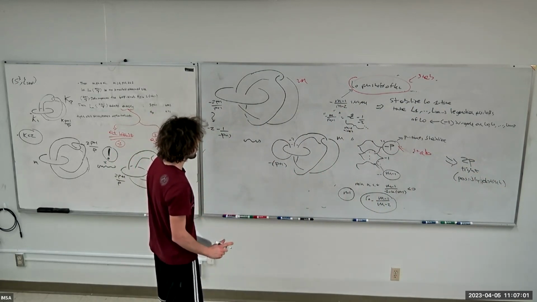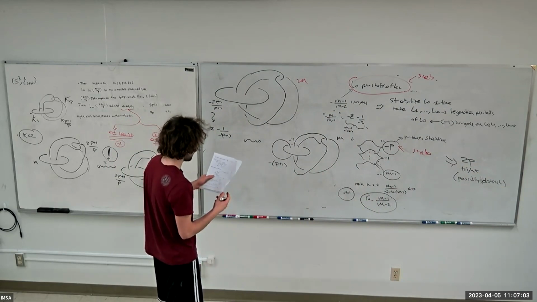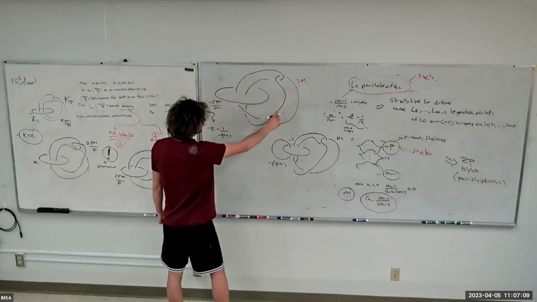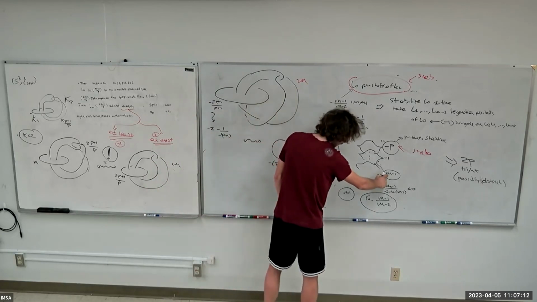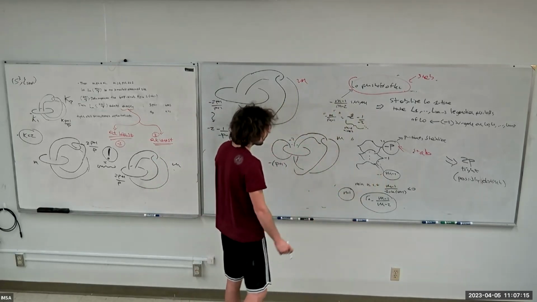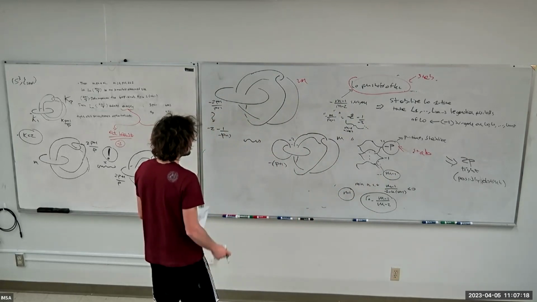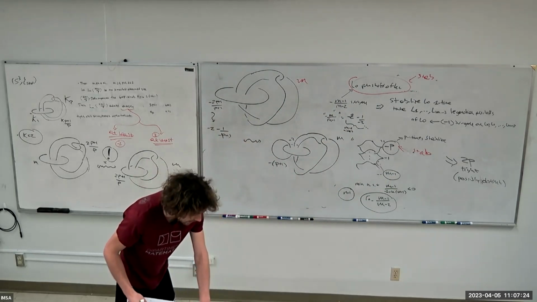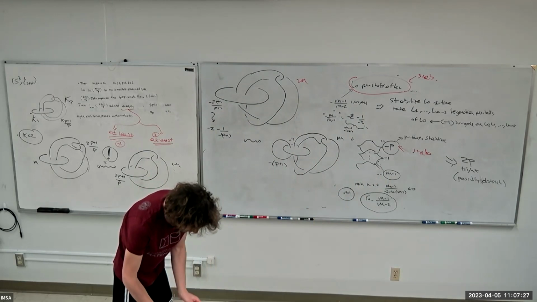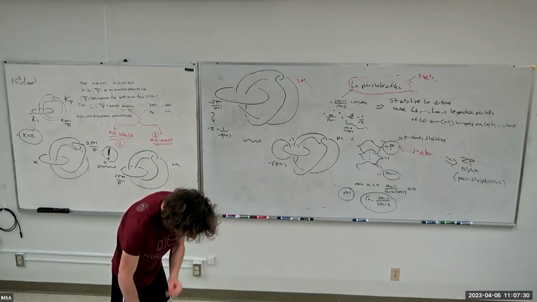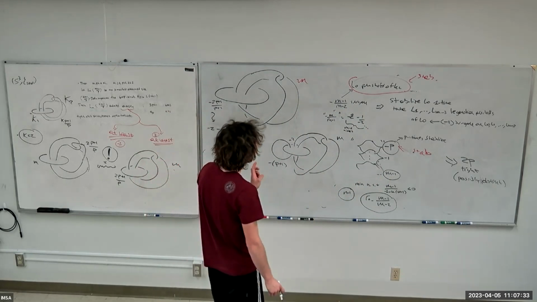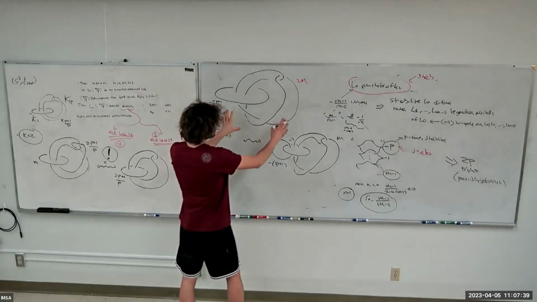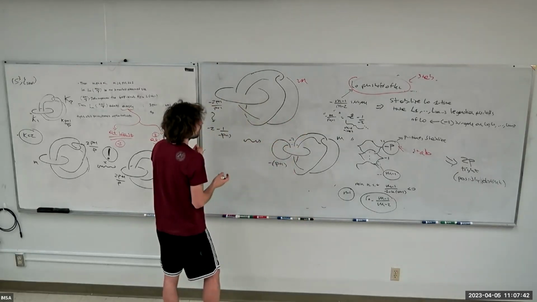One thing I also want to mention is that now I have M-1 surgery on a right-handed trefoil, and by another result, I think also by this schematic, but I'm not entirely sure, this actually preserves Stein fillability. So these 2p contact structures are also Stein fillable.